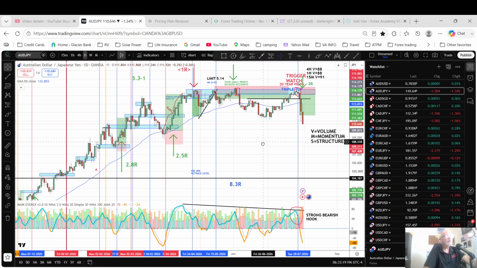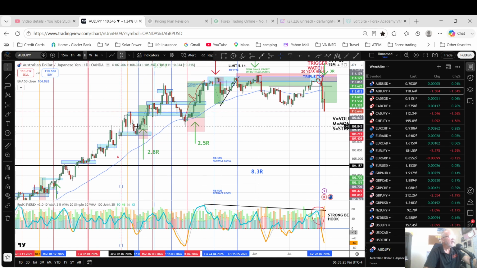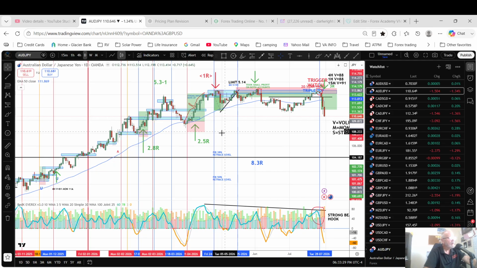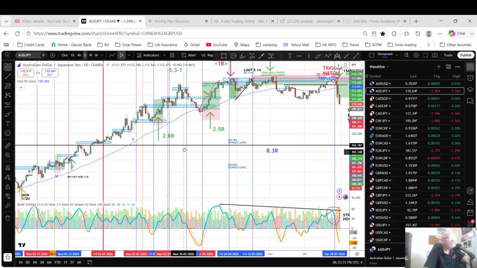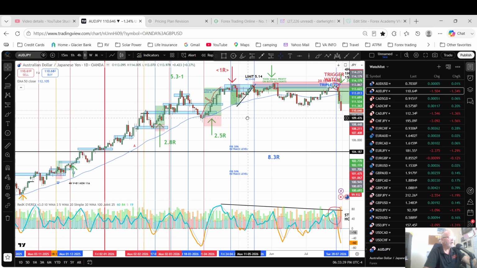Okay, here's one. I'm going to go into this trade a little bit deeper, but again, from January. Do you see how this market is in an obvious uptrend? The 50 EMA, everything screams uptrend right here.